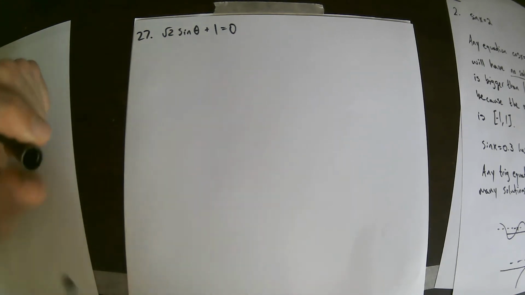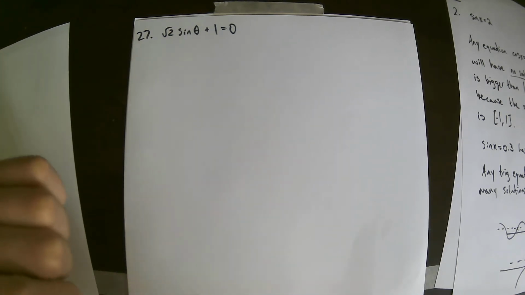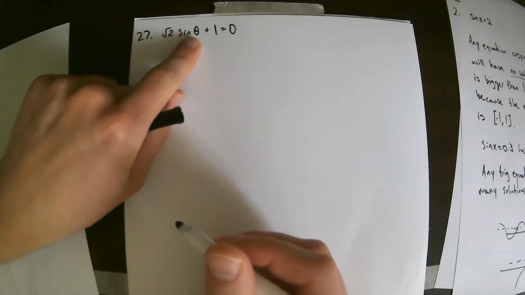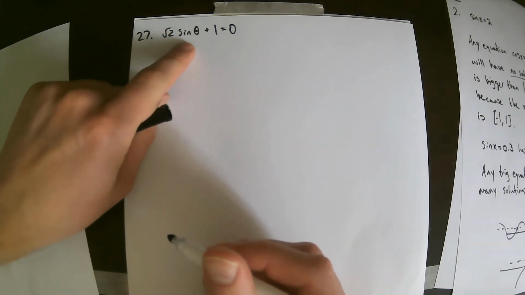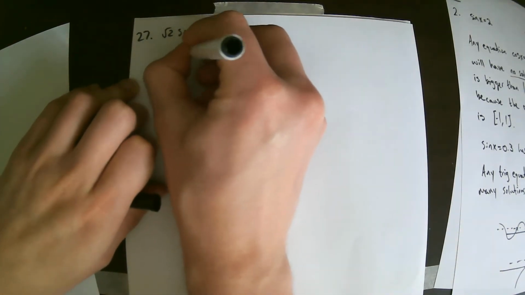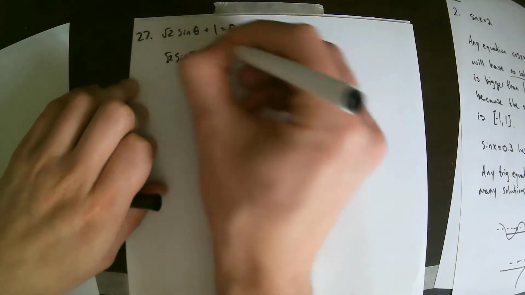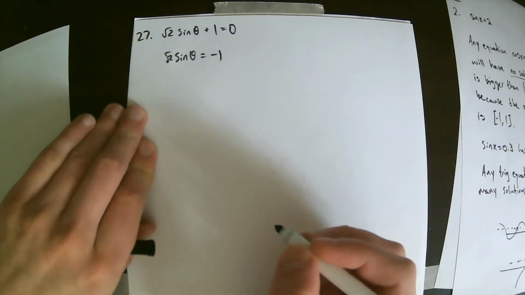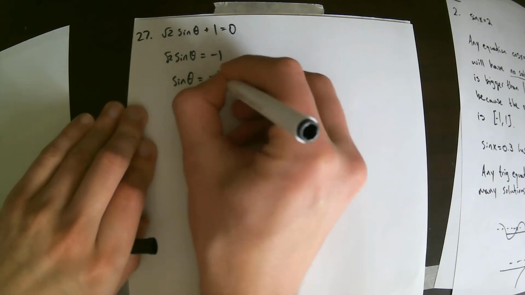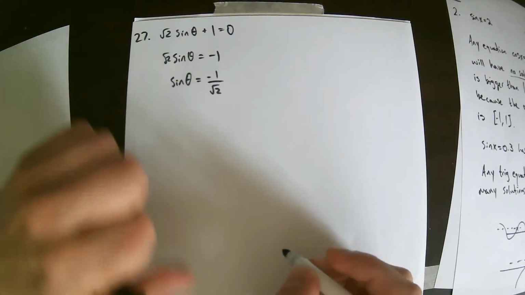So the idea with this one is to solve for sine theta so that we have an equation with just sine theta equals a number. So square root of 2 times sine of theta is equal to -1.